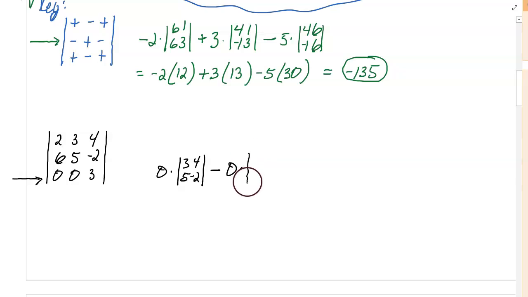And that will get multiplied by a 2 by 2 determinant, not using these numbers or these numbers, it's the 2, 4, 6, and -2. Then our key says to use a plus sign, and the last number is a 3. And that gets multiplied by a 2 by 2 determinant. Don't use numbers from here or here, so you're left with the 2, 3, 6, and 5.